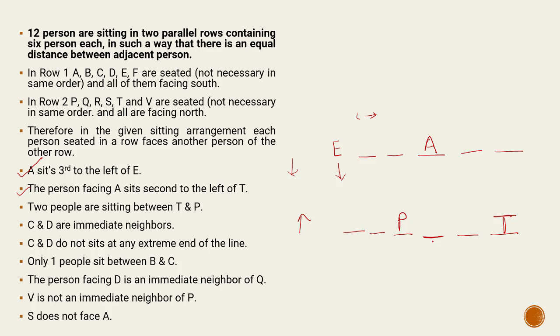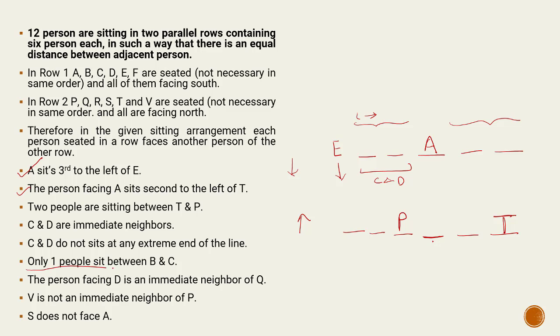Now C and D are immediate neighbors. Either they can be placed at these two positions or these two positions. But C and D do not sit at any of the extreme ends. That means C and D would only come in these two places.